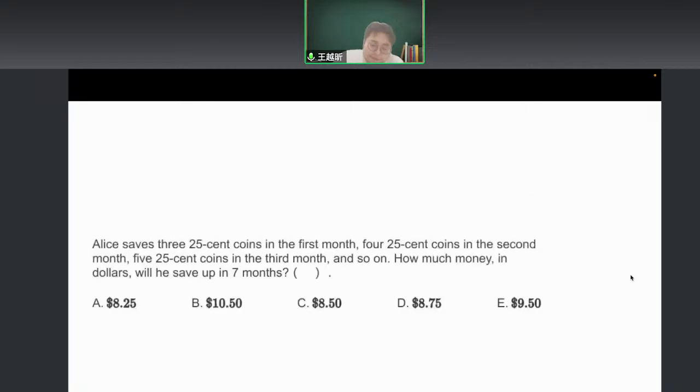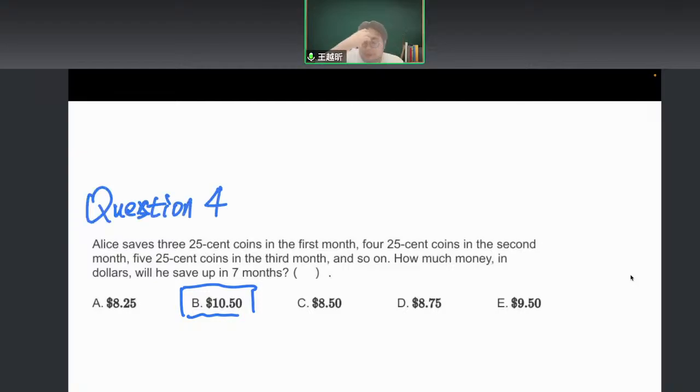One thing I need to mention is question 4. Actually, you need to correct the answer B. The answer B is not 10.25, so you don't have the correct answer.